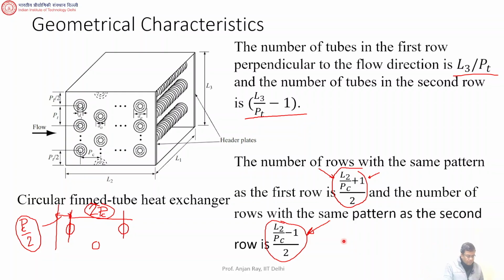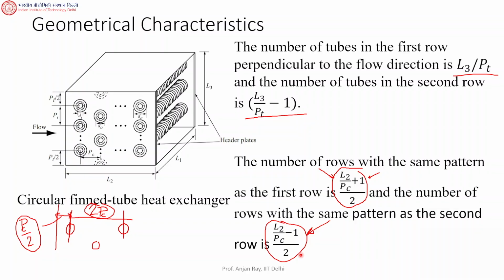So that's the number of rows similar to the first row, and the number of rows similar to the second row is this much. This also, please check. Okay. So this is L2 by 2 PC plus half, and the other one is L2 by 2 PC minus half.